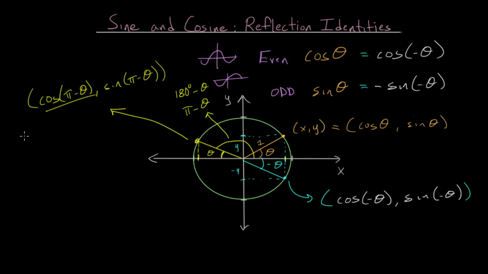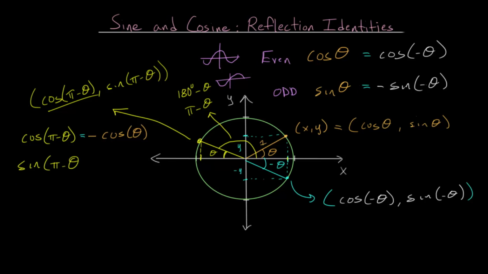So we can write that the cosine of pi radians minus the angle is equal to the opposite of the cosine of theta. And likewise for the sine function, we can say that the sine of pi minus theta, let me just make a little bit more room, is equal to the sine of theta.